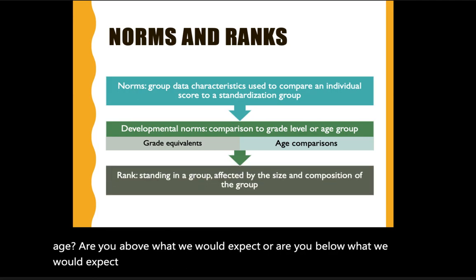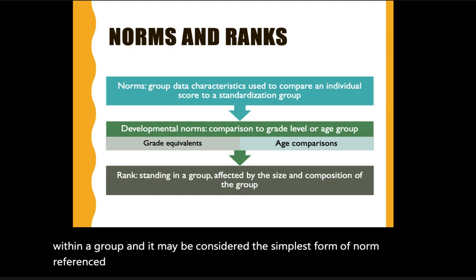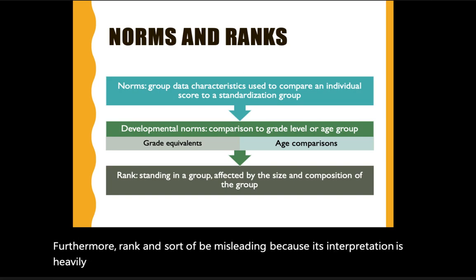And we also have rank, which is an individual's standing within a group. And it may be considered the simplest form of norm-referenced assessment. Furthermore, rank can sort of be a bit misleading because its interpretation is heavily influenced by the size and composition of a standardization sample.